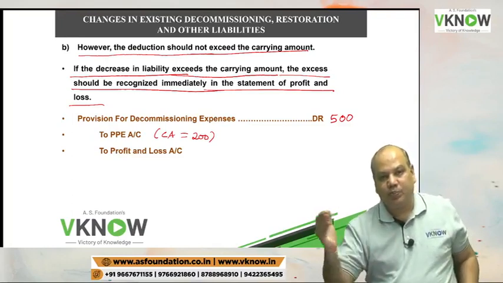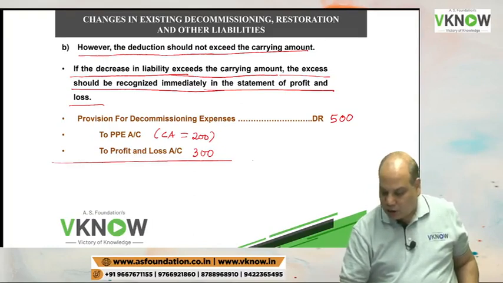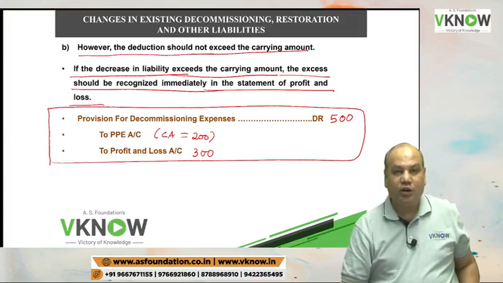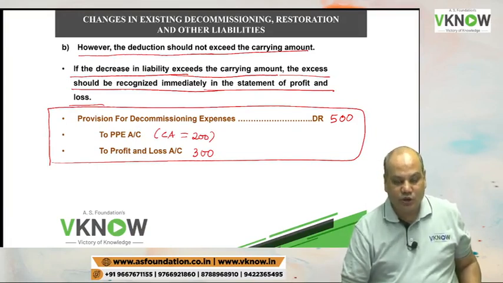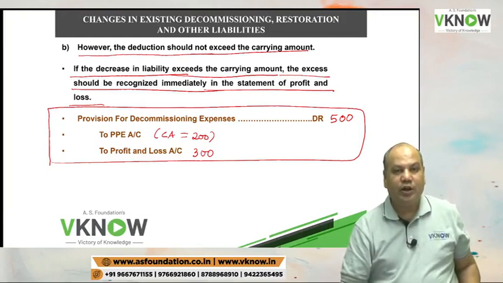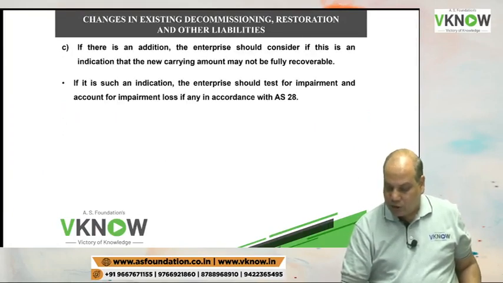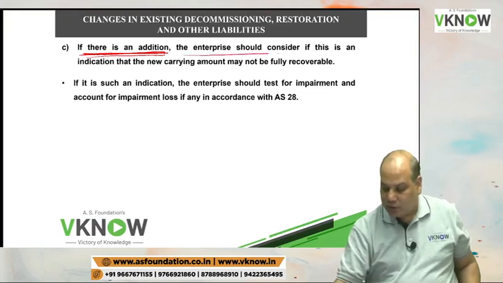So I will credit PPE 200, and the remaining 300 I will credit to the P&L account, because I can't make the PPE account negative. So the excess, the difference between the deduction in liability and the carrying amount of the PPE, we will credit to the P&L account.